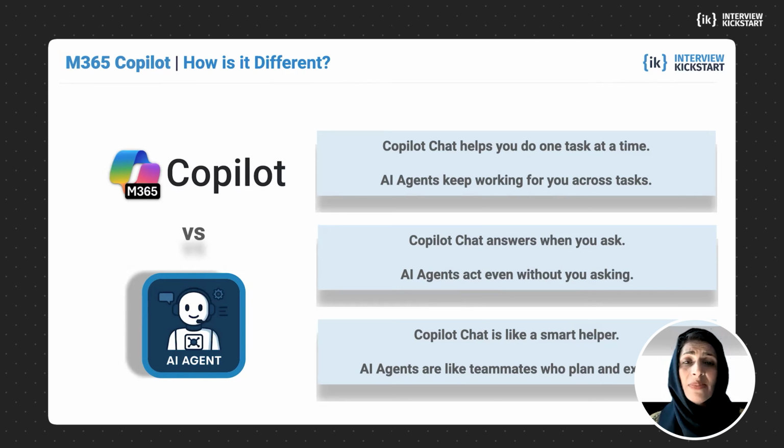Sometimes they even anticipate your needs and are proactive. Think of Copilot chat as a smart helper, while AI agents are more like your teammates who partner with you closely, plan, execute, and collaborate with you throughout. This shift from reactive to proactive assistance is what makes these agents and agentic AI so powerful.